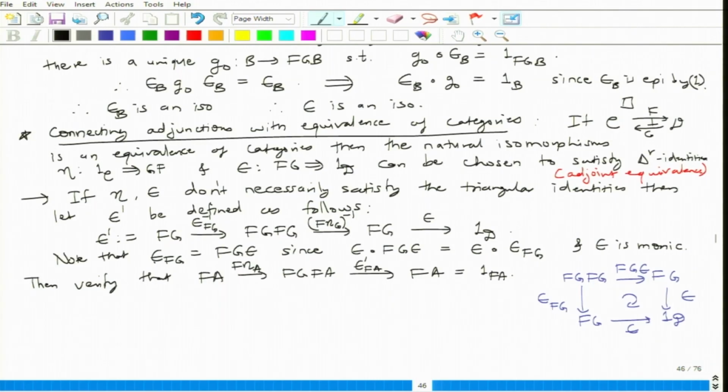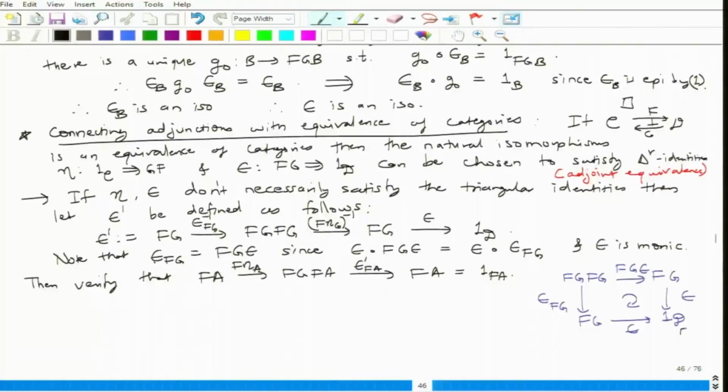I mean, I am asking you to verify that the triangular identities are satisfied with a modified epsilon prime. Eta and epsilon need not satisfy it, but the modified epsilon prime will always satisfy it when paired with eta. And this is an exercise for you.